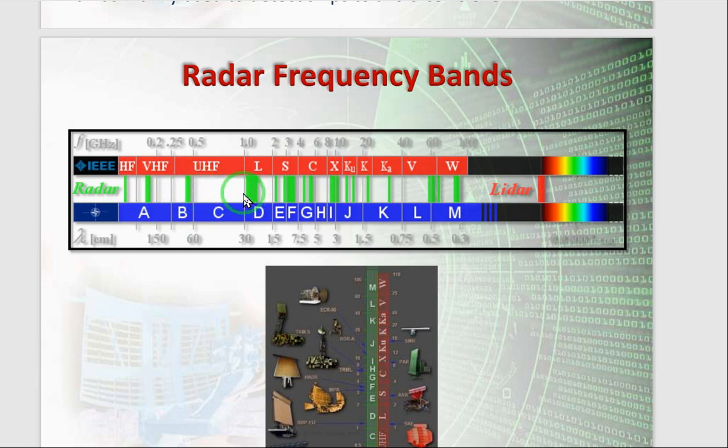Then it also works in L, S, C, X, Ku, K, Ka, V, W, all of the bands. In almost all of the frequency bands radar works, but not for the whole band, only for a little of the frequency from the specific band.